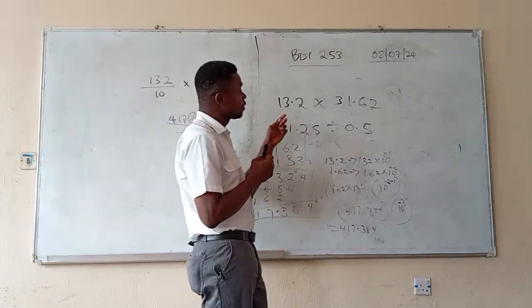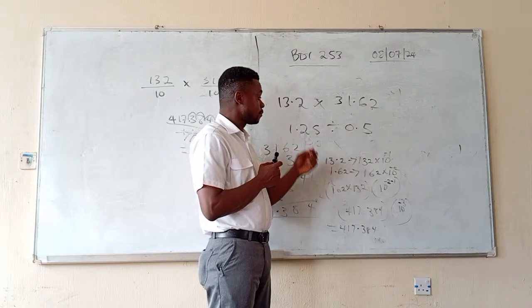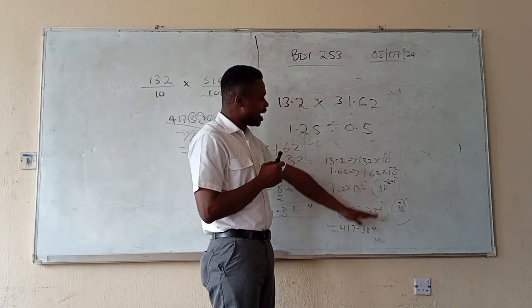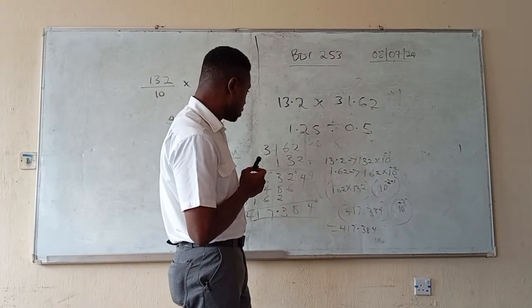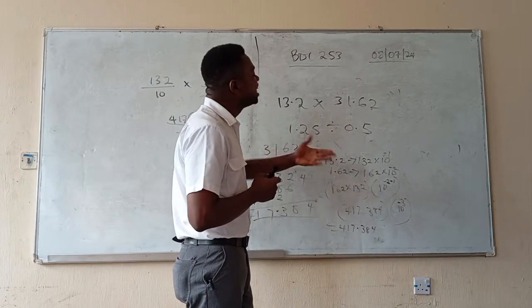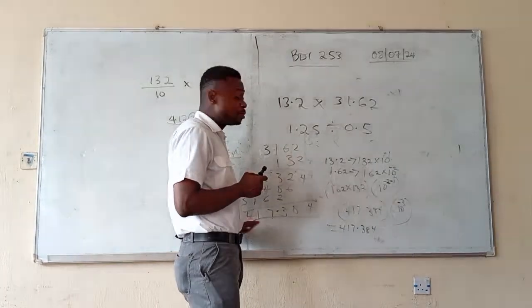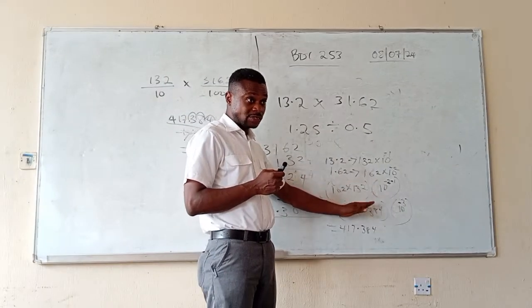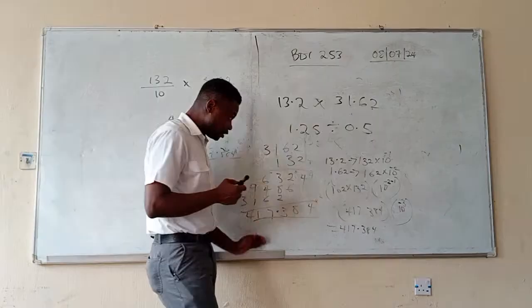13.1, sorry. 31.62 for sure, 1.6. Where is it? Okay, here. It's an error. She had already done the working here. Maybe she was just trying to explain something, then made a mistake. She has solved the question, okay?